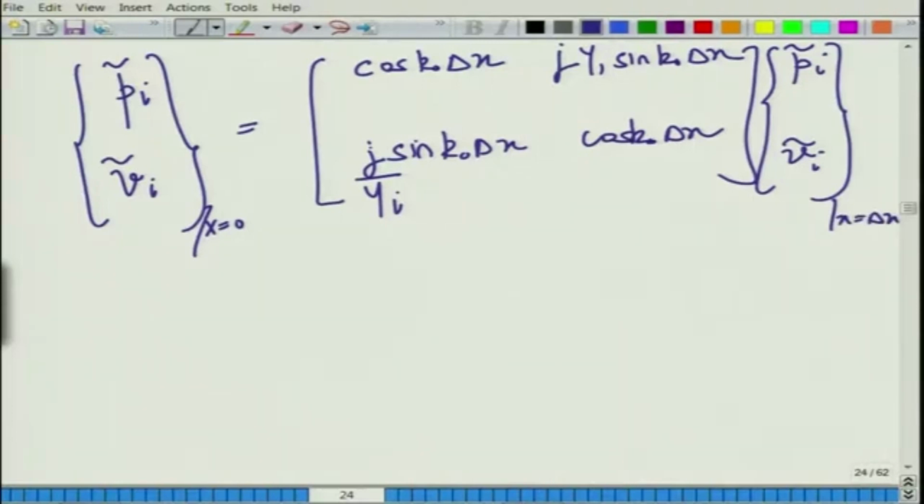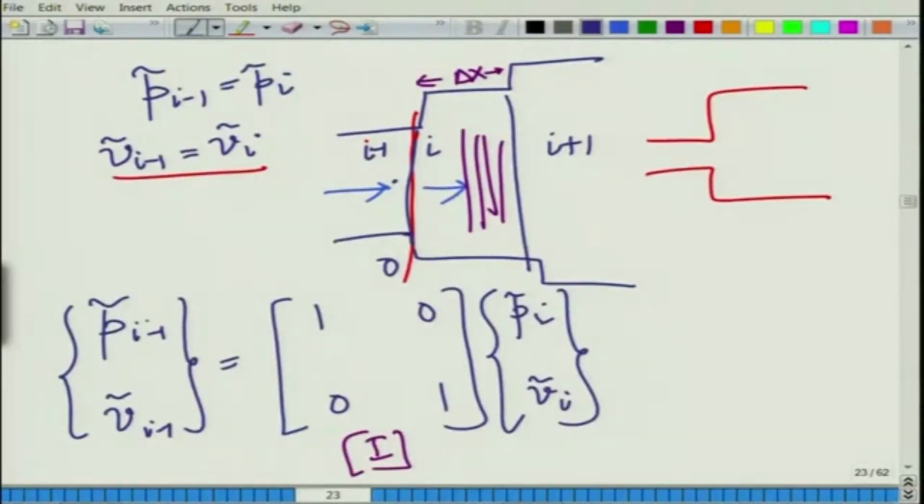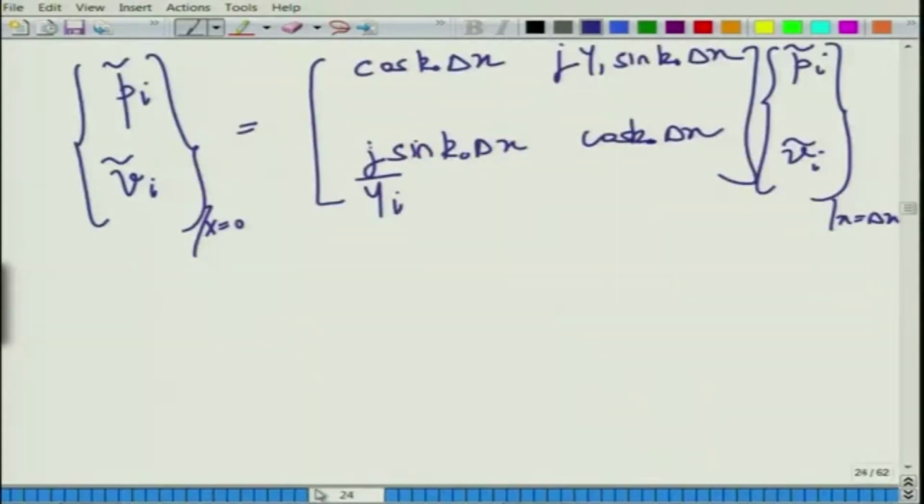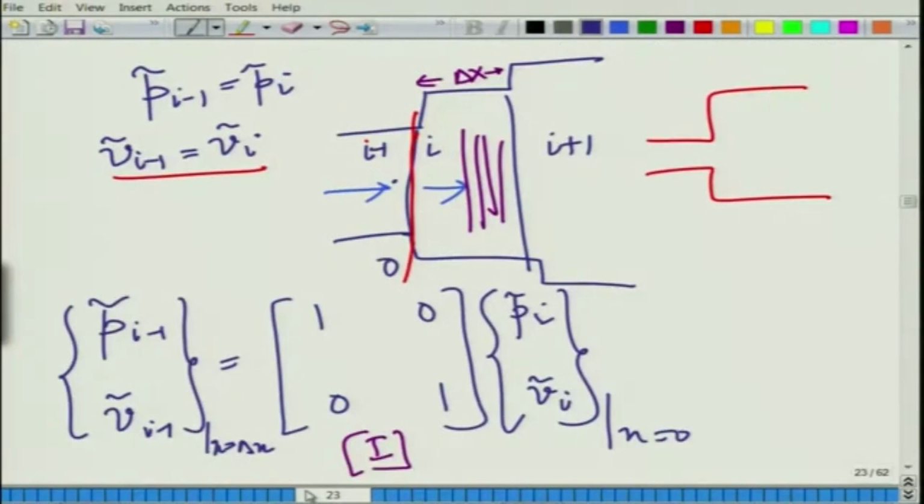Now, we get this. After this, what happens to P I and V I minus 1, say at x is equal to delta x, here it will be some delta x for this duct and this is x is equal to 0 for this duct. If we relate the acoustic pressure and mass velocity at x equal to delta x of the I minus 1th segment with the things at the other discontinuity, what will we get?